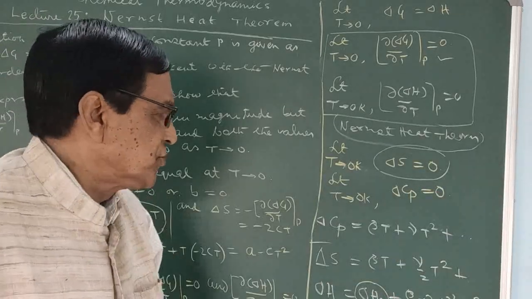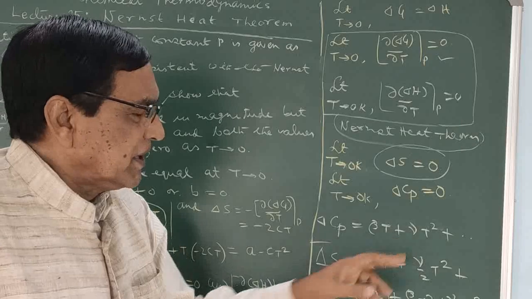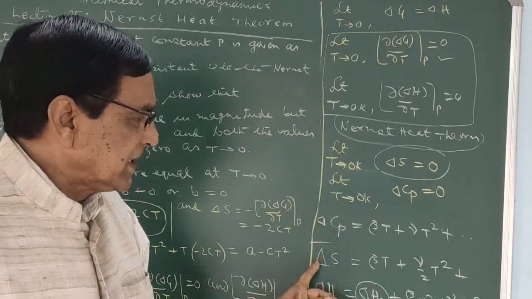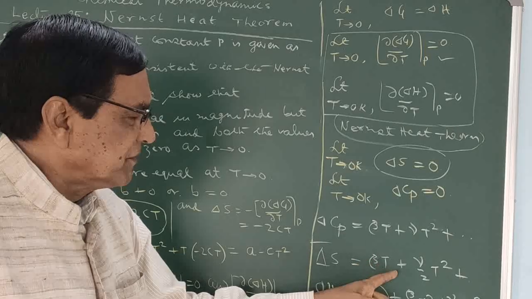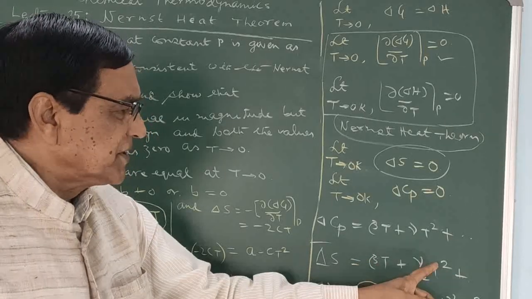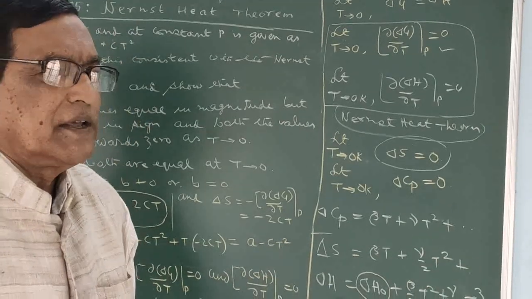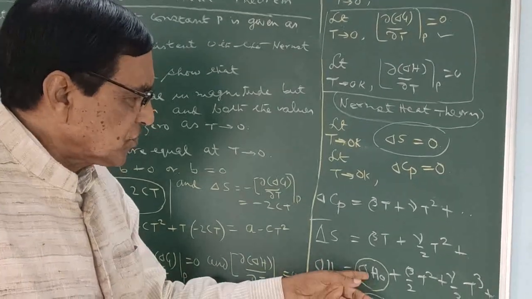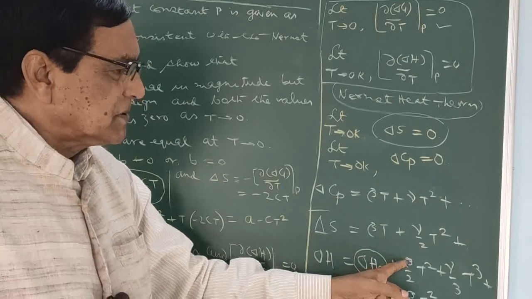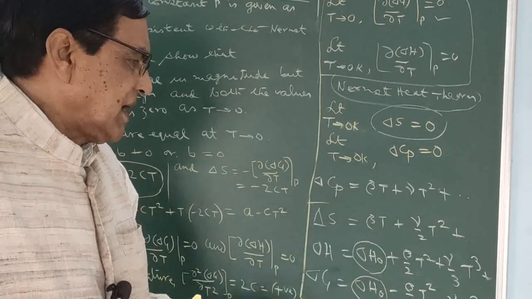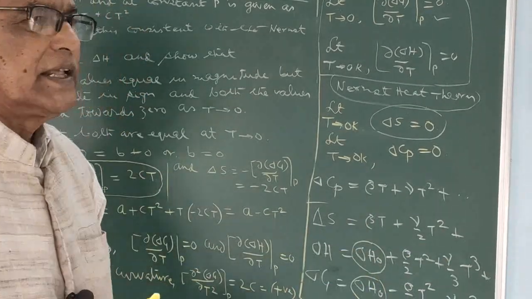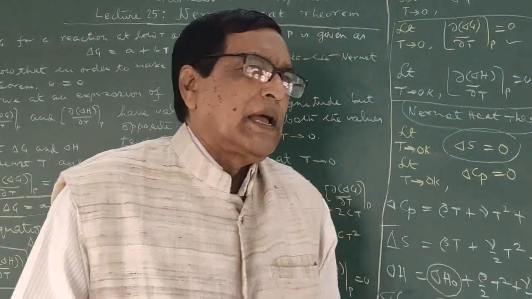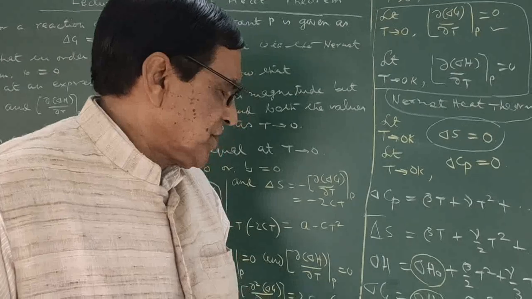Beta and gamma are obtained from thermal data, and so delta S could also be obtained from thermal data at any temperature T, provided T is at lower temperature. Delta H is also equal to delta H naught plus beta and gamma terms, where delta H naught is the enthalpy change of this process at 0 Kelvin temperature.